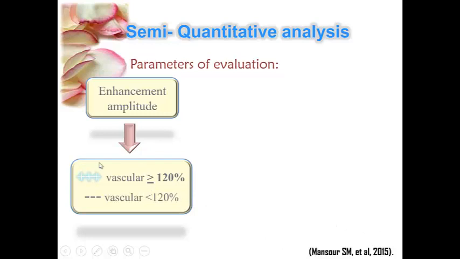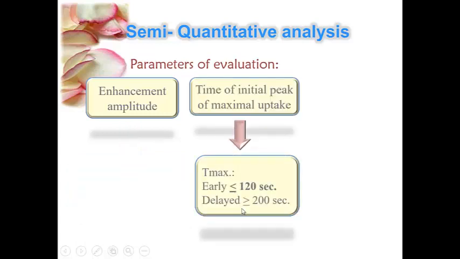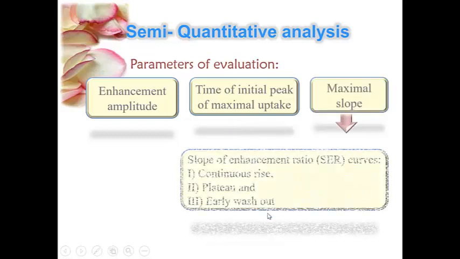If the enhancement is more than 120%, it is with malignancy. If it is less than 120%, it is with benignity. At the time of the initial peak of the maximum uptake, if it takes early enhancement less than or equal to 120 seconds, then this is with malignancy. If it is more than 200, then it is delayed.